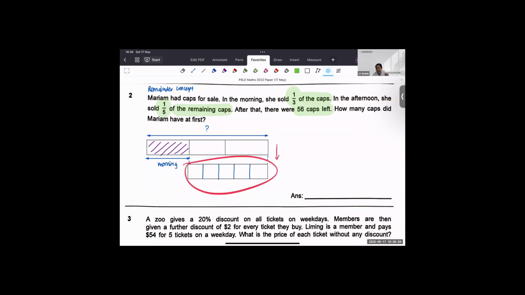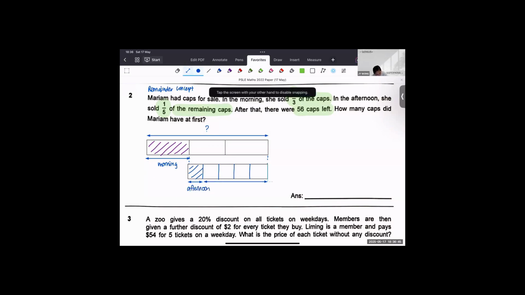I always say I drag it down to show the entire remainder again. But this time I cut it into 5, and then 1/5 was sold in the afternoon.